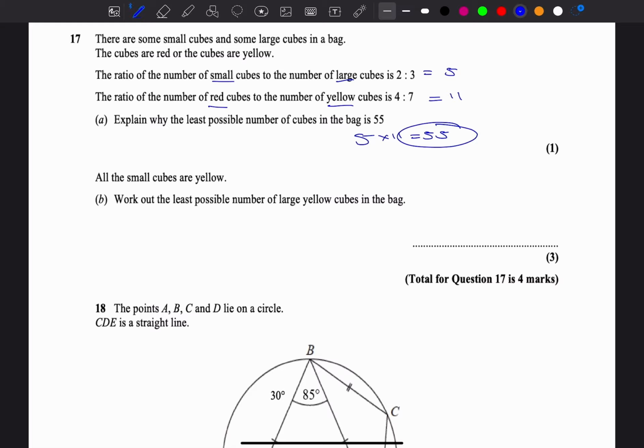Okay, if you want to be a large and you want to be a yellow, how much is the probability of getting a large one? 3 out of 5, and then yellow 7 out of 11 times it by 55 is the minimum number. What do we have? 3 out of 5 times 7 out of 11 times it by 55. 21 is the answer.